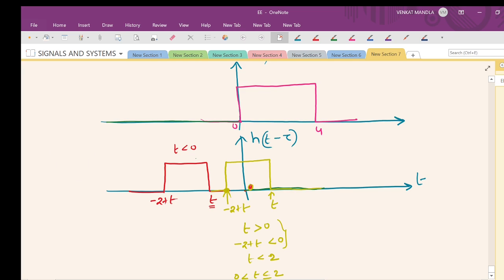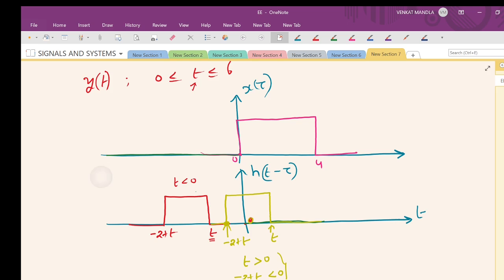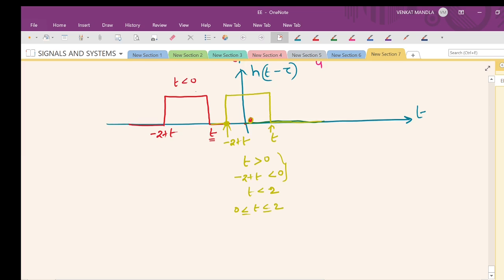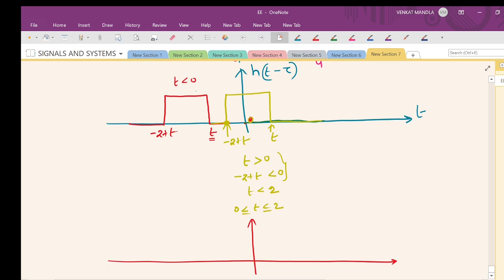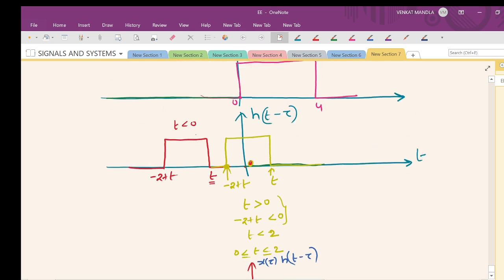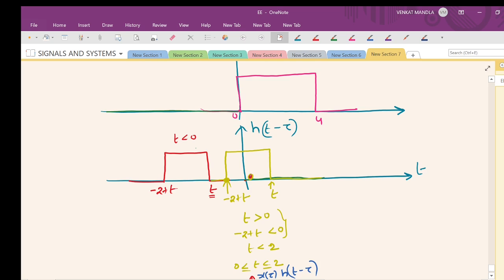So if you multiply these two signals, what do you get? x(tau) and h(t minus tau). I will draw that below this. If you multiply these two, here it is 0, here 0, and here it is t.